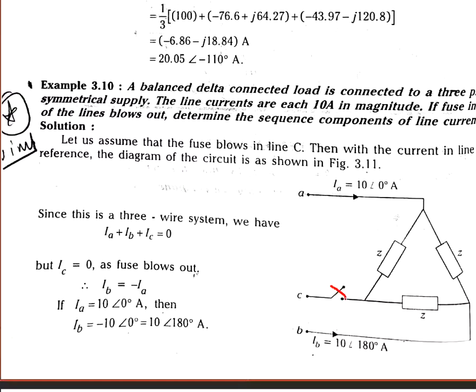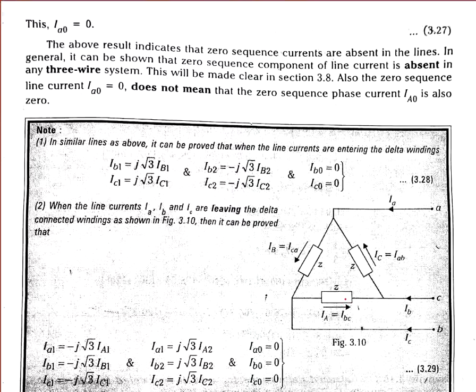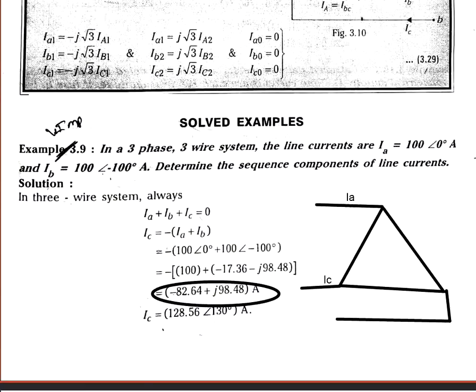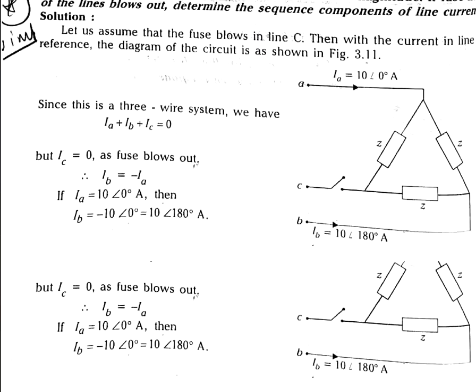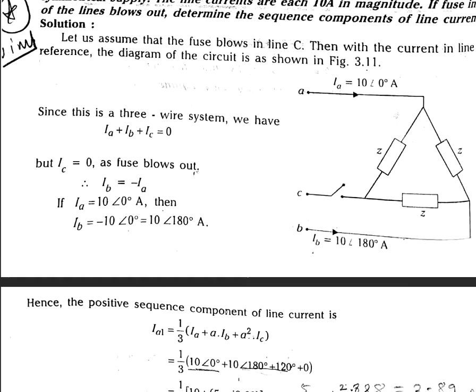Initially this was in a closed position, but after some time the fuse had been cut down, so the line is open circuited. Now, at this time, what are the symmetrical components I need to find?